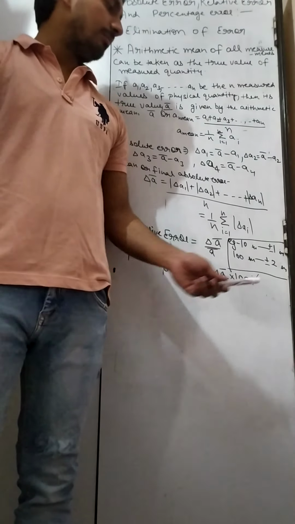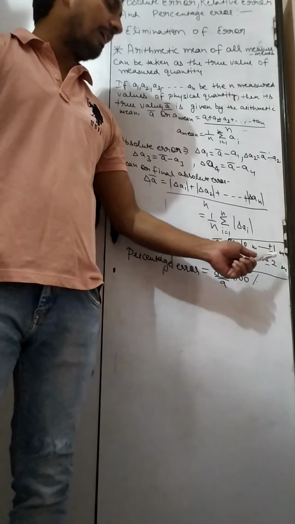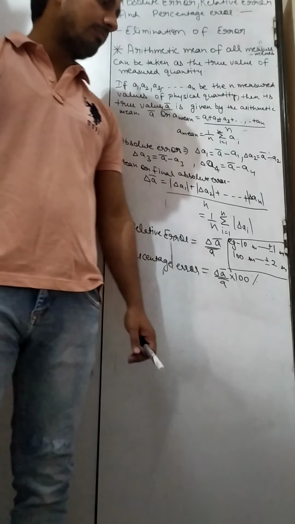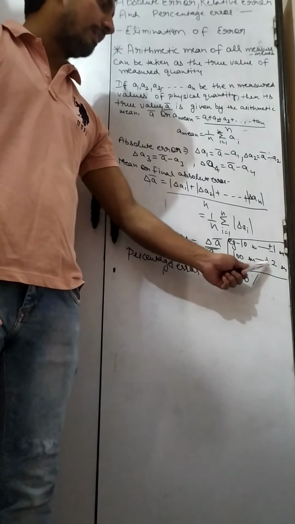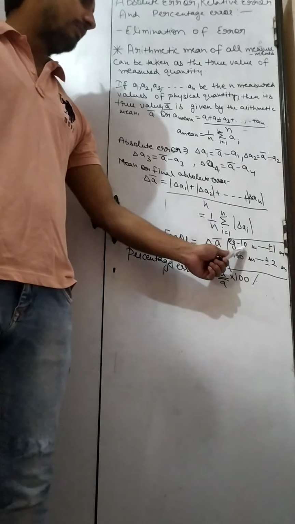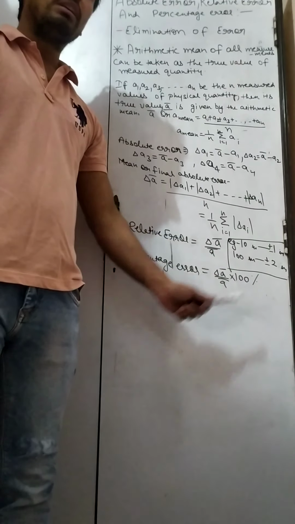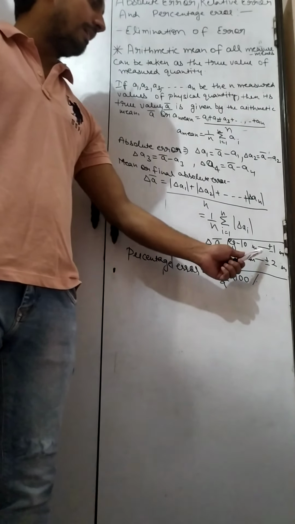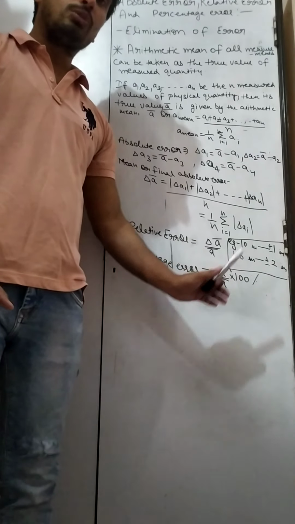Which measurement is better, or which error is more severe? If you see the error only, you will say 2 is greater than 1, so that one is more severe and this one is good. But if you also see the true value, you come to know that the error here is not more severe.